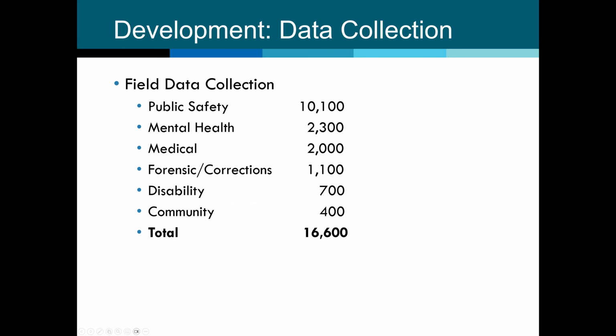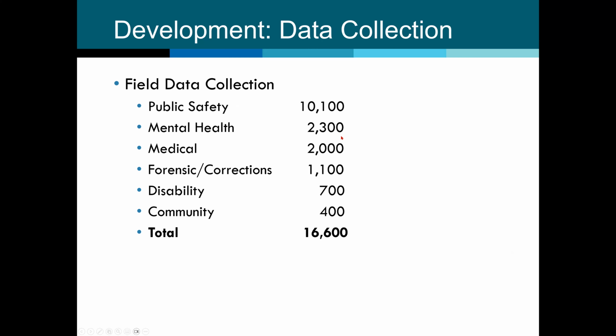The field data collection wound up with roughly 16,600 protocols. You can see that a fairly large number of them came from public safety settings, and that's because we were planning to develop comparison groups for 4 different occupations: candidates for police officer positions, correctional officer positions, firefighters, and dispatchers.